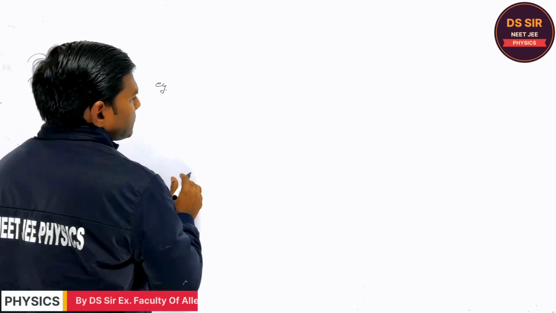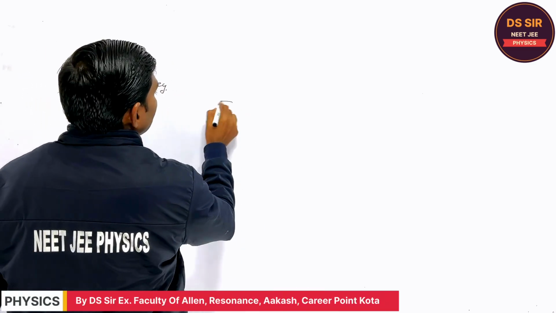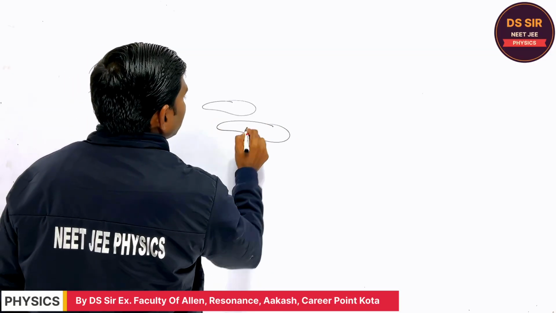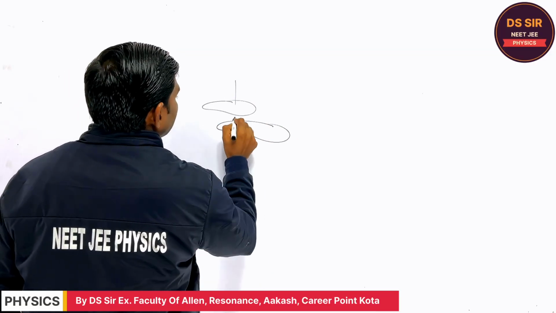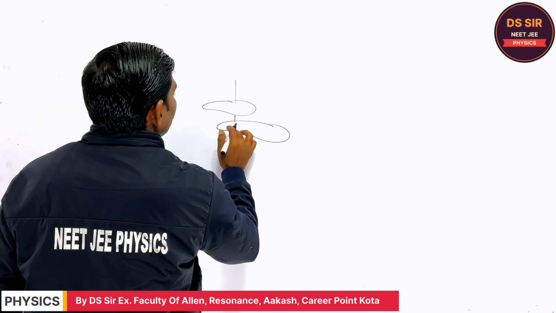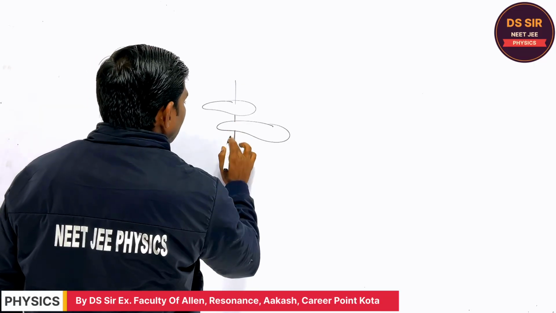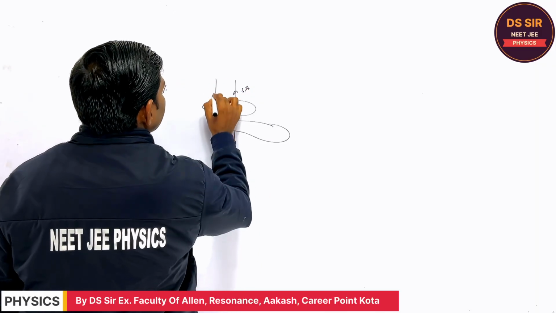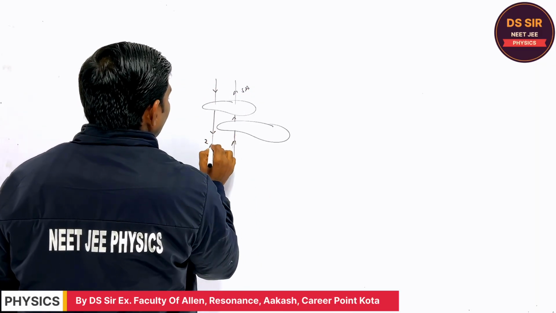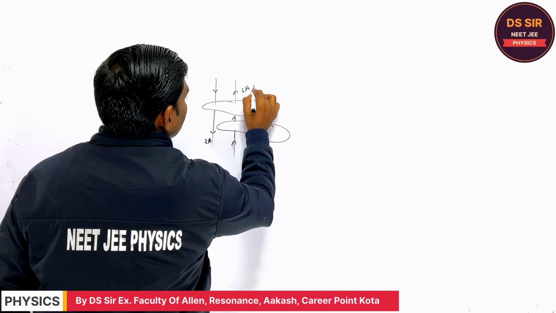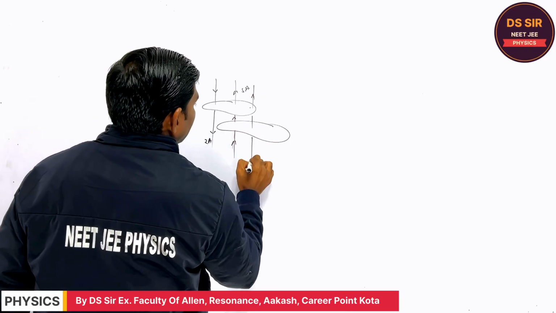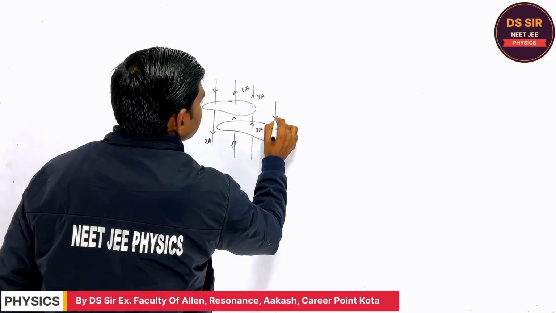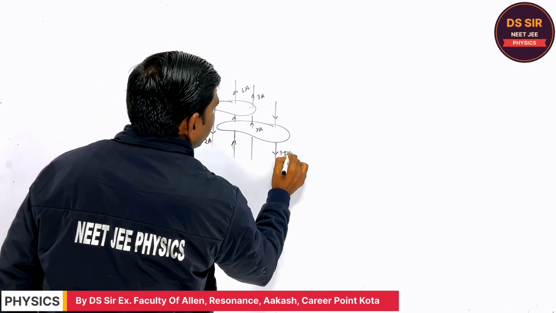For example, suppose this is the loop, and this is another loop. This is the current, suppose this is 5 ampere, this is 2 ampere, this is 3 ampere, and this is 1.5 ampere.